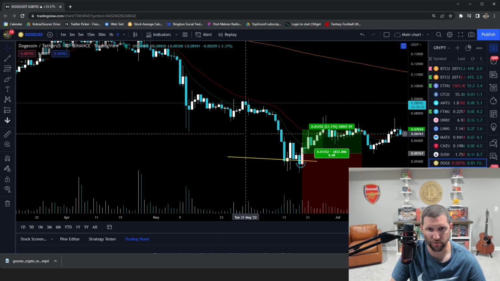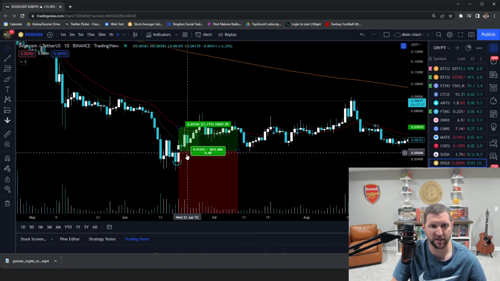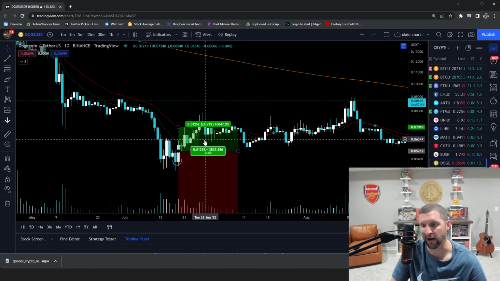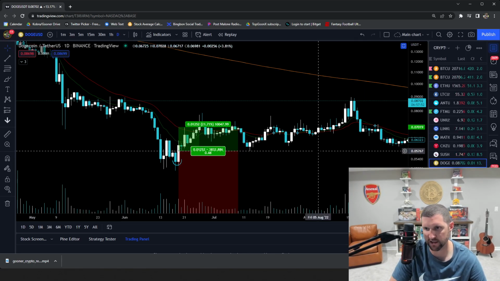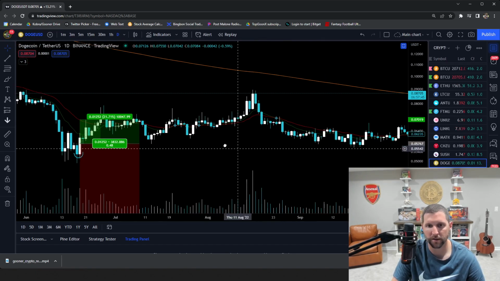But you can see here, I would make that profit back on this second entry, okay? Or that loss back. So I would have taken a 4% loss, and then now I would have a 20% gain. So that's why risk to reward is important, all right?